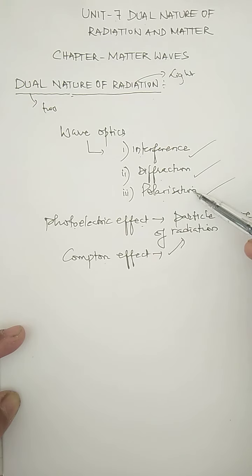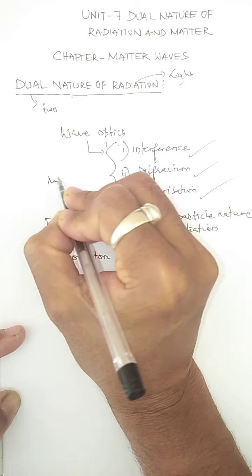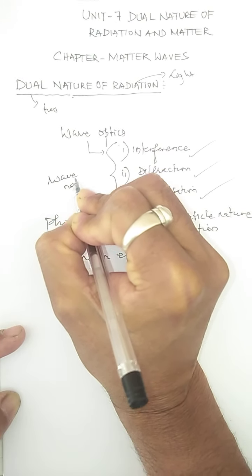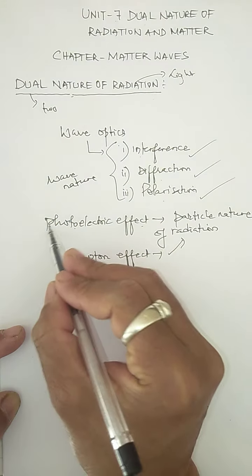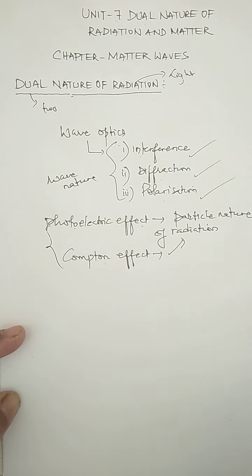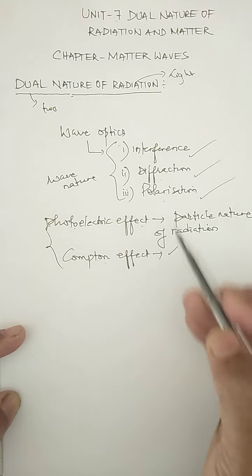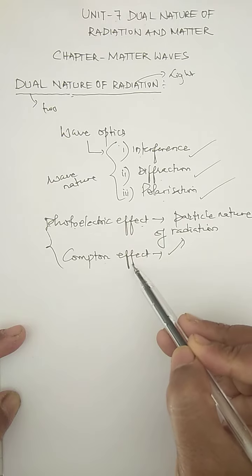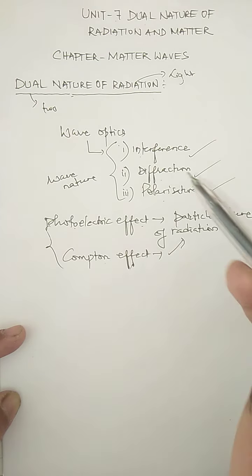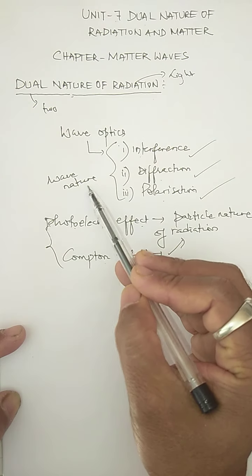These phenomena of wave optics explain that light has wave nature, and these two phenomena explain that light has particle nature. Both natures have been successfully explained, that's why it is considered that light has dual nature. Dual nature means two natures: one is wave nature as well as particle nature.